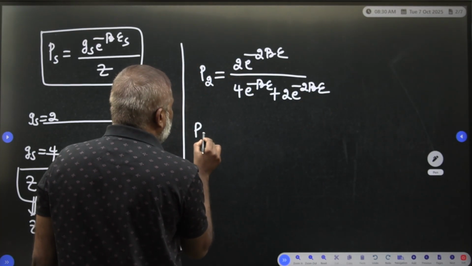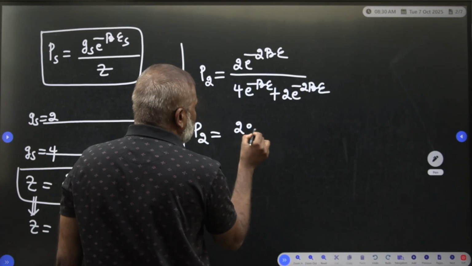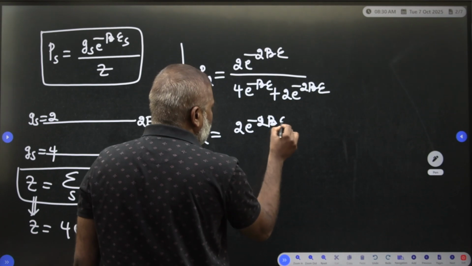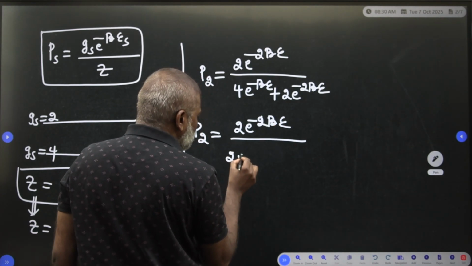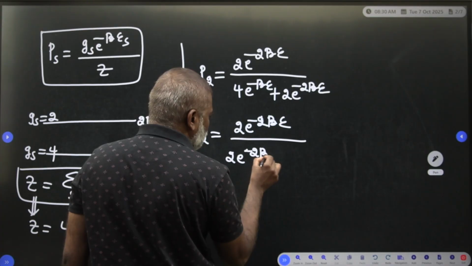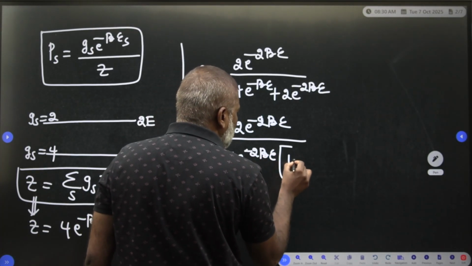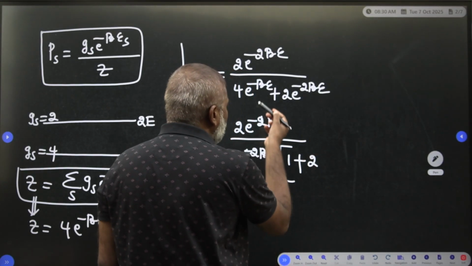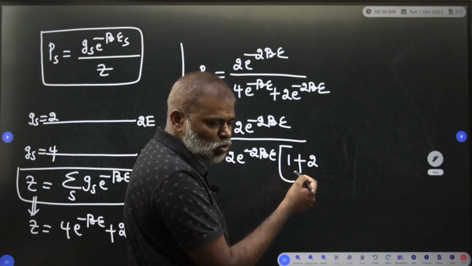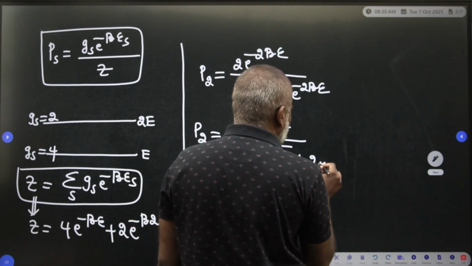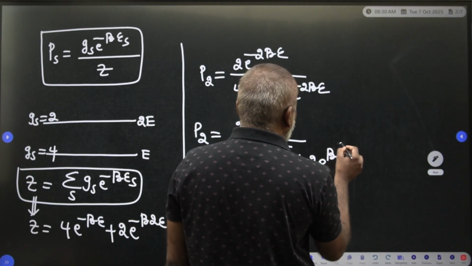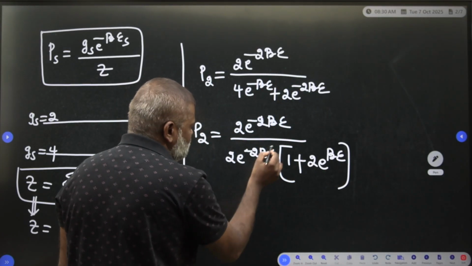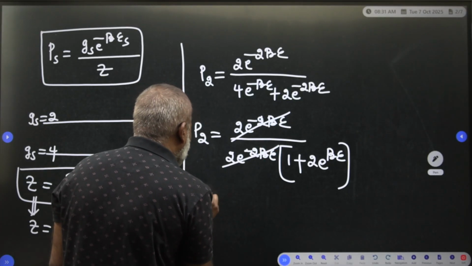Now take the common factor, e to the power of minus 2 beta E, from the denominator. It cancels with the numerator, leaving 2 divided by 1 plus 2 e to the power of beta E times 4 by 2.